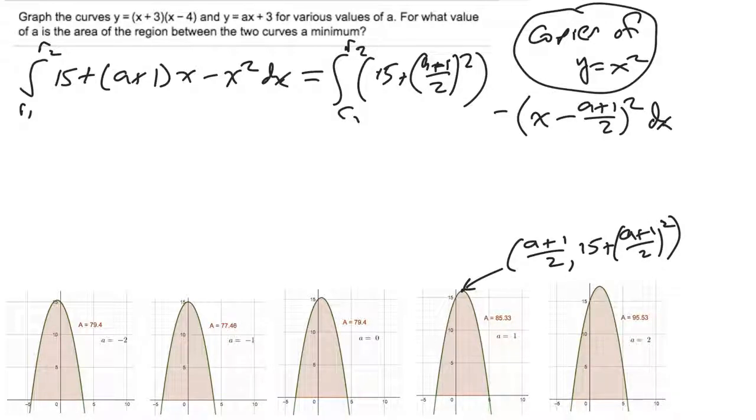So if you believe that the lower this is, the smaller the area that it can enclose, then it's really easy to see that the lowest your vertex can be, this is how high your vertex is, is when a equals -1. It's 15 plus (a + 1/2) squared. So the smallest the square part can be is 0, and that would happen when a is equal to -1. So the vertex is lowest when a equals -1.